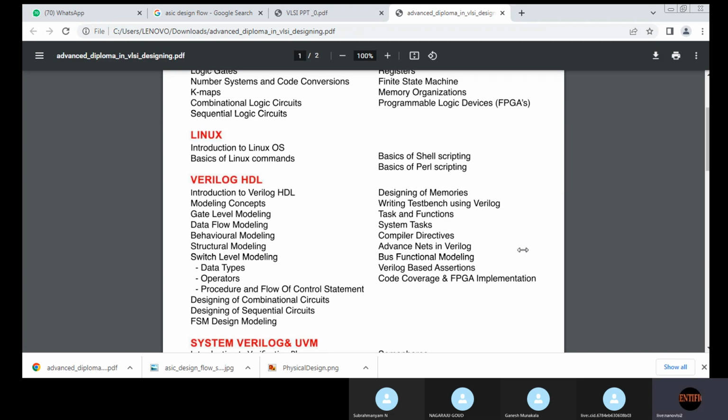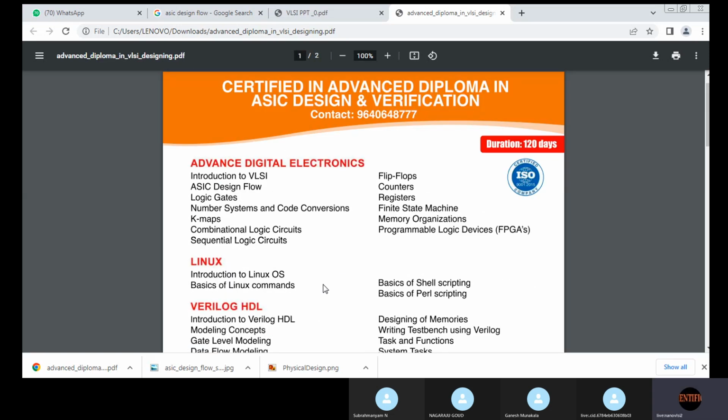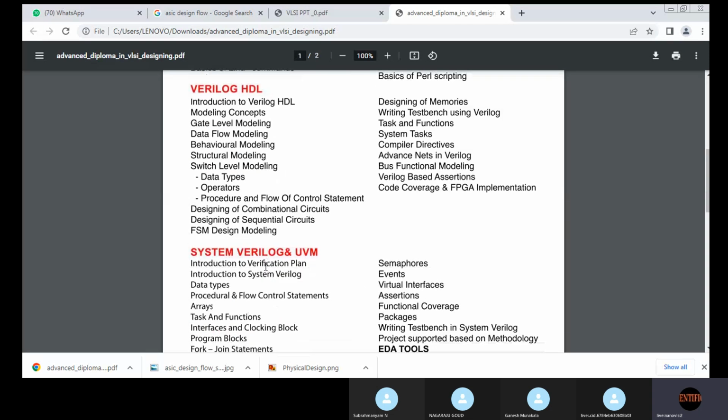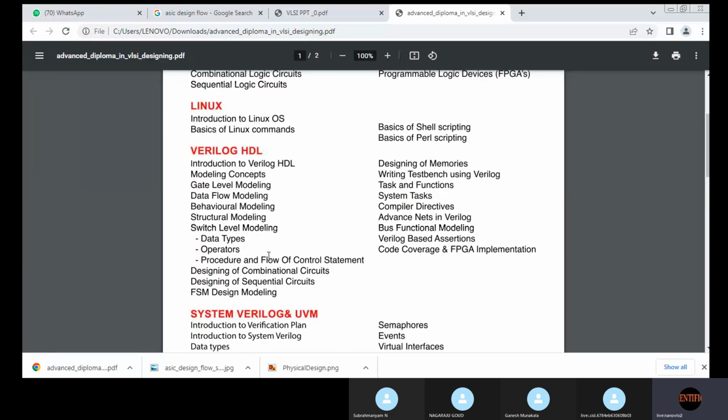Okay, no problem. We will go as per the industry standard. Verilog is the most important thing. VHDL, I think, is used nowhere actually. Verilog has more benefits than VHDL.